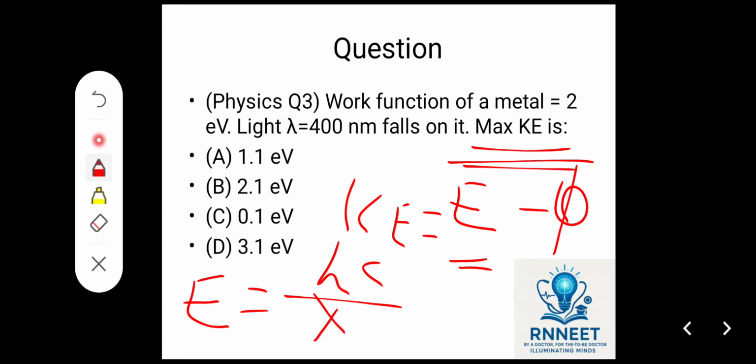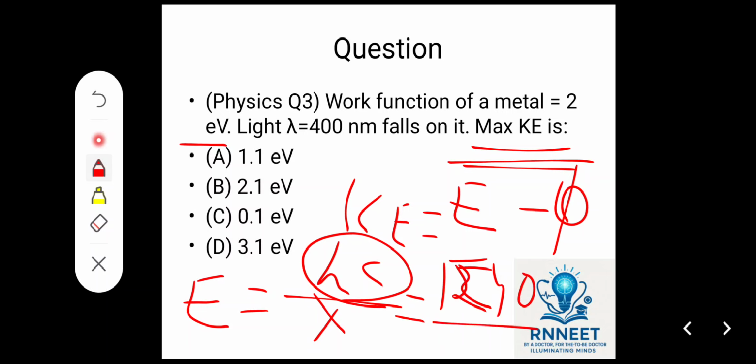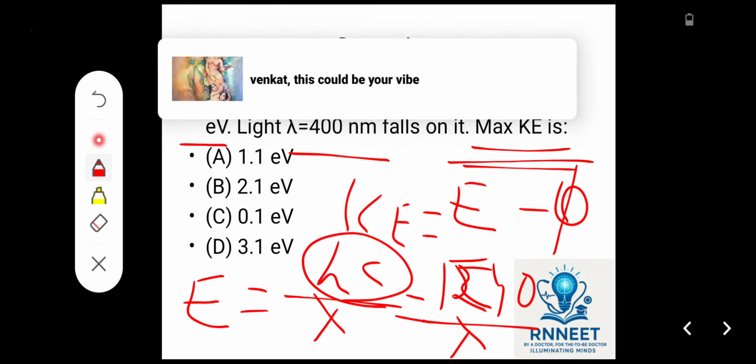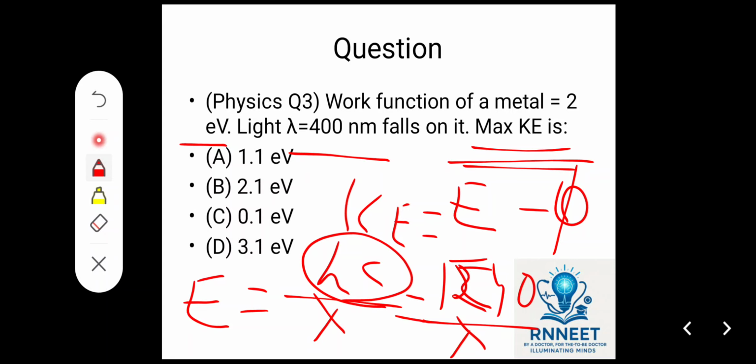And here, because it is electron volt, hc is converted into just 1240 by lambda in nanometer. If you know the lambda is given in nanometer, all you have to do is do 1240 by lambda. So this is the shortcut formula. You need to remember that whenever everything is given in electron volt, your hc is just 1240 by lambda.